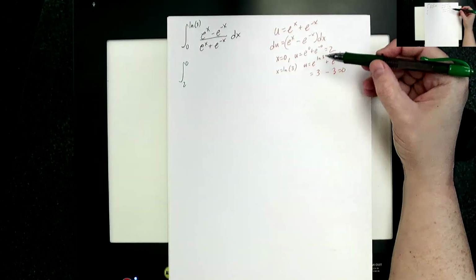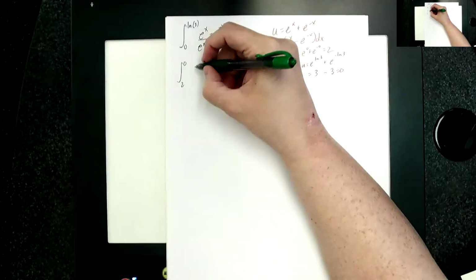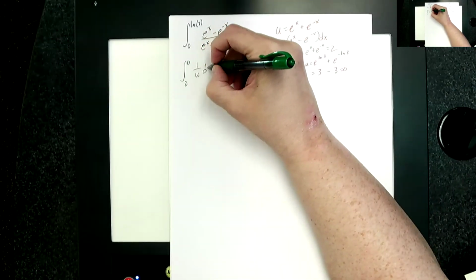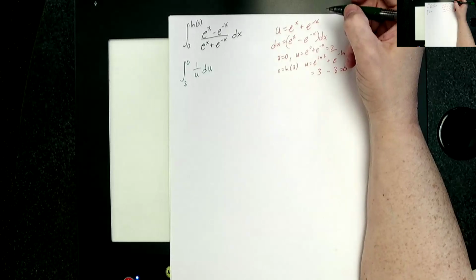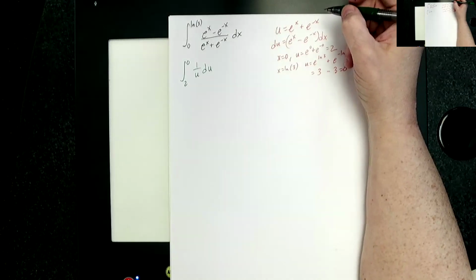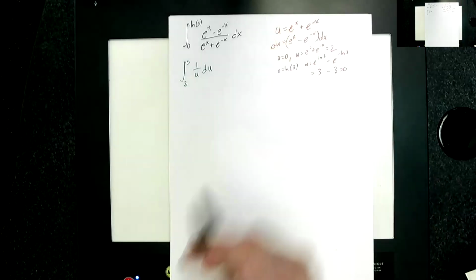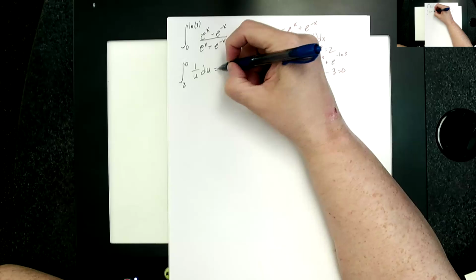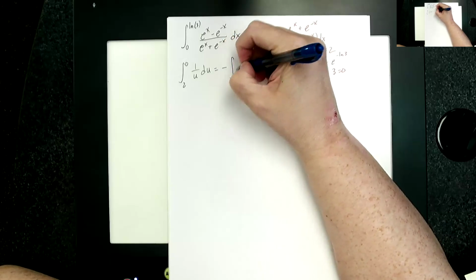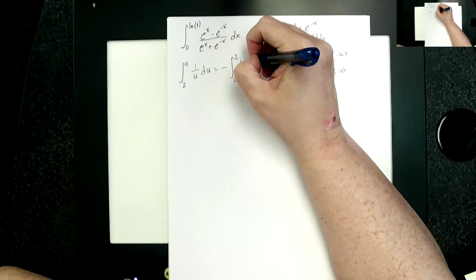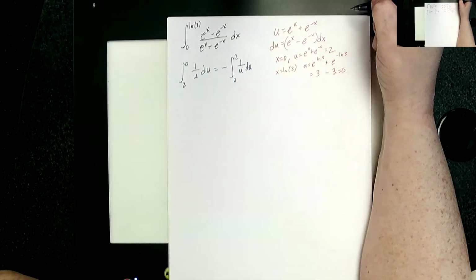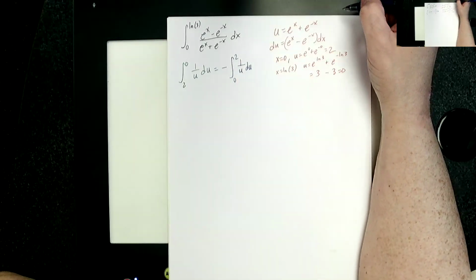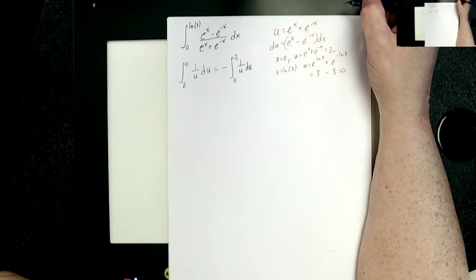And I've got 1 over u du. Now, as a reminder, and this is a great one to show it on, we can switch the limits of integration if we incorporate a negative sign. I'm pretty sure you learned that in Calc 1.